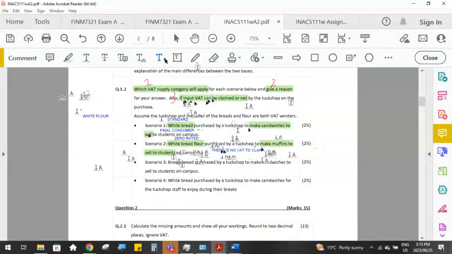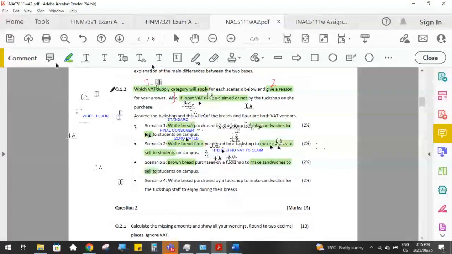Then scenario 3, we've now got brown bread. It was purchased by the tuck shop to make sandwiches, also to sell to students. So this is basically identical to scenario 2, brown bread as a finished product, but because it's brown bread, it is zero rated.